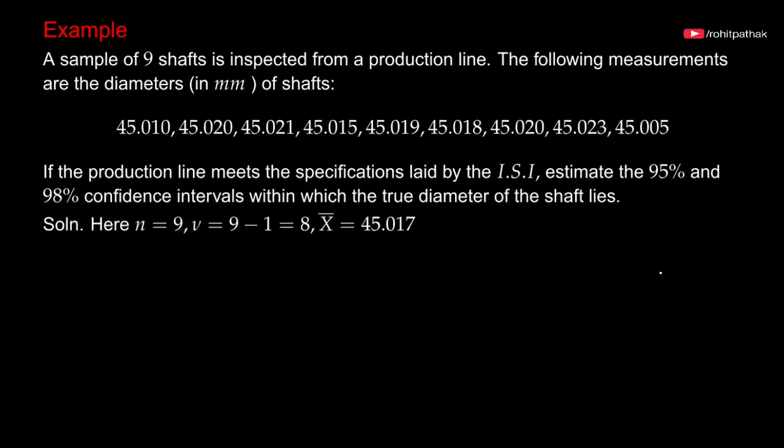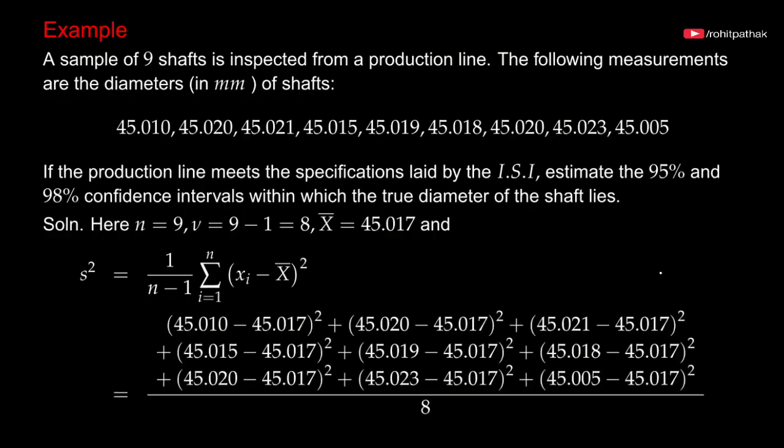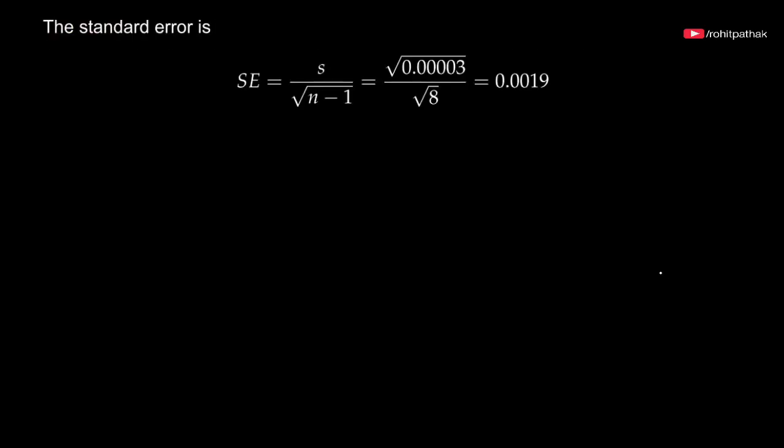So here n is 9, the sample size is 9, degrees of freedom is 9 minus 1 equal to 8. The mean diameter of the 9 shafts is 45.017, and the variance of these 9 shafts, using this formula, is 0.00003. That means almost 0. So standard error is s upon under root n minus 1, which is 0.0019.